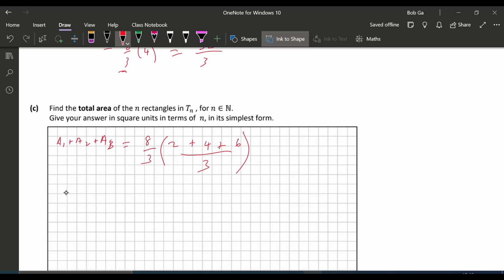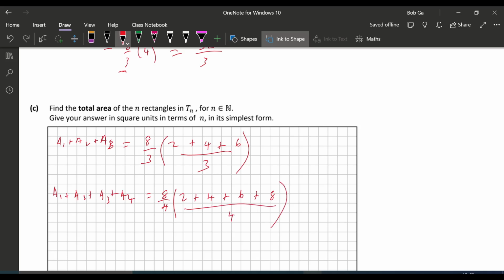If we have 4 terms, going up to 4 terms, that will be A1 plus A2 plus A3 plus A4. That will boil down to, because 8 is constant, 8 is the height of the triangle and it doesn't change, 8 over 4 into 2 plus 4 plus 6 plus 8 over 4.